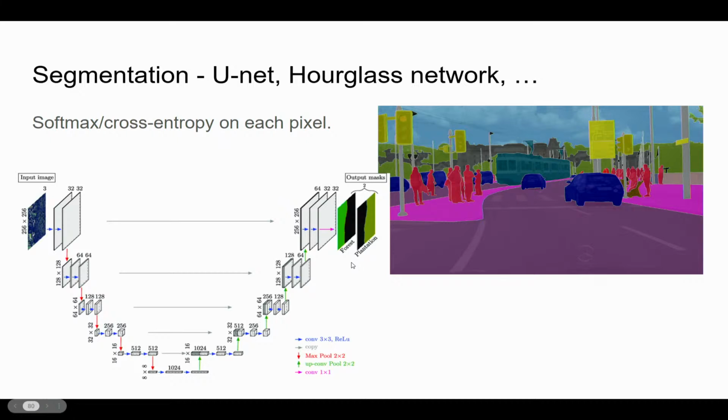The architecture which I'm showing here is UNet, or it's called hourglass network. These terms are equivalent, there's no difference. How the architecture really looks, in this case, is the VGG network. So it's always convolutions, pooling, convolutions, pooling, and so on until you get to very small resolution.